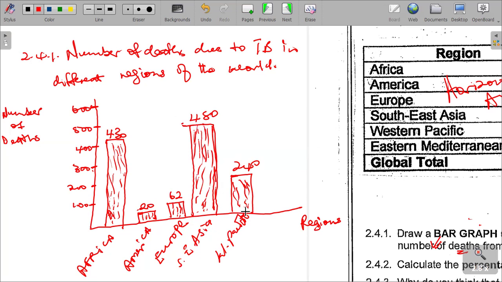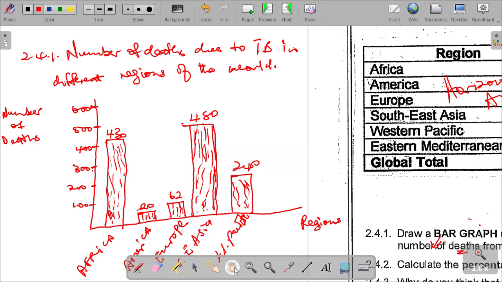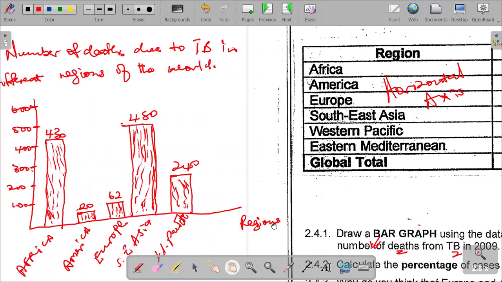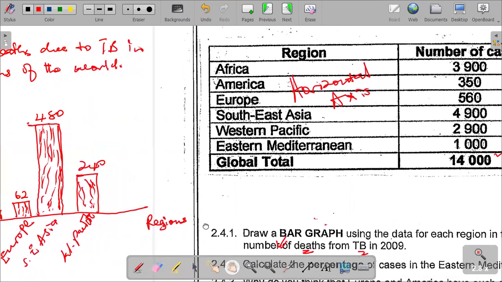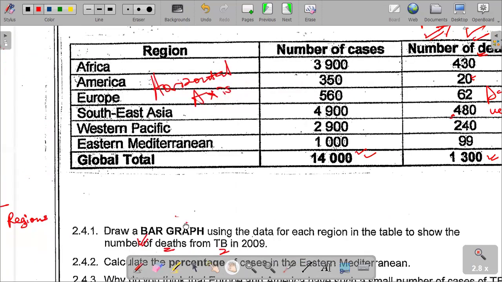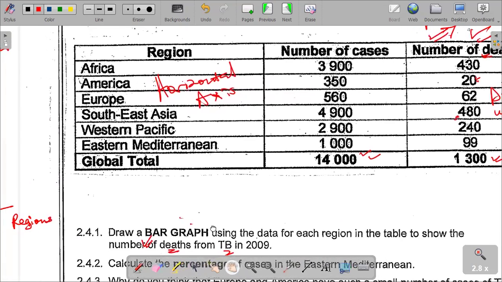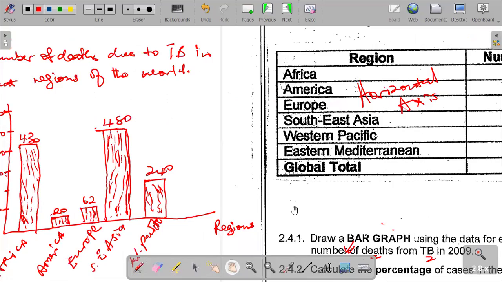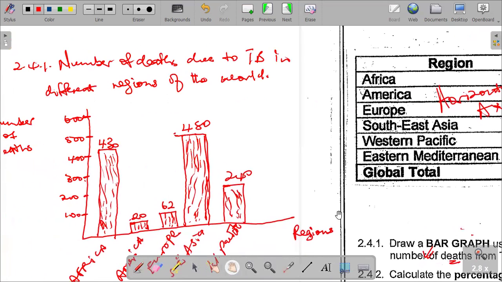And then Eastern Mediterranean. Let me just check to confirm the figures.